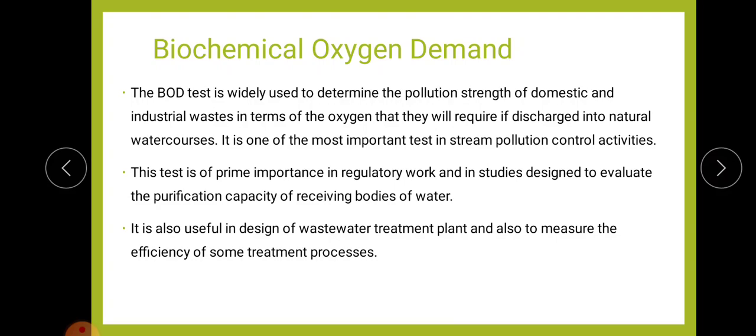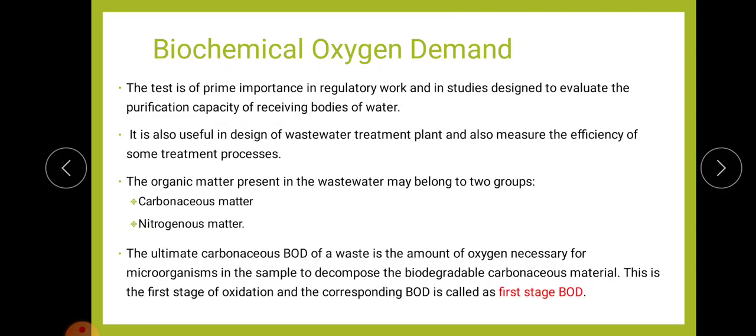This test is of prime importance in regulatory work and in studies designed to evaluate the purification capacity of receiving bodies of water. It is also useful in the design of wastewater treatment plants and to measure the efficiency of some treatment processes. These are the main applications of the BOD test.